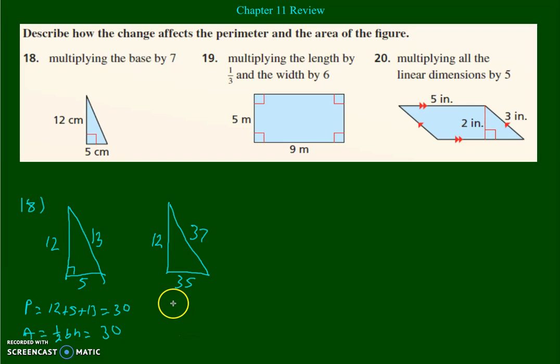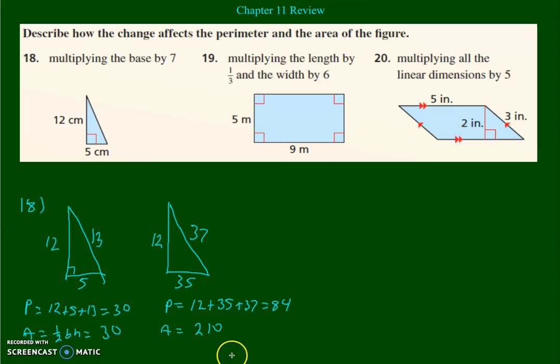Now the new perimeter here is 12 plus 35 plus 37, which is 84. And the area of this guy is 1/2 base times height, which gives us 210.